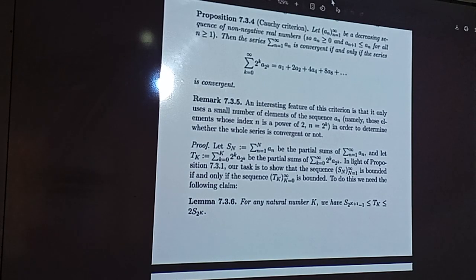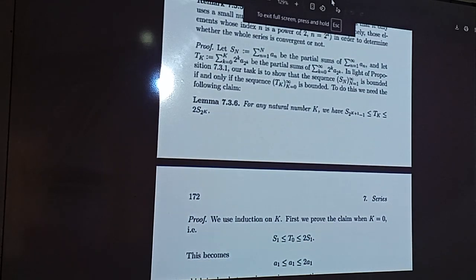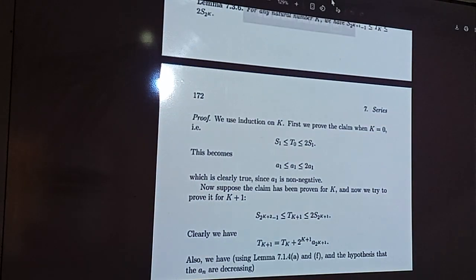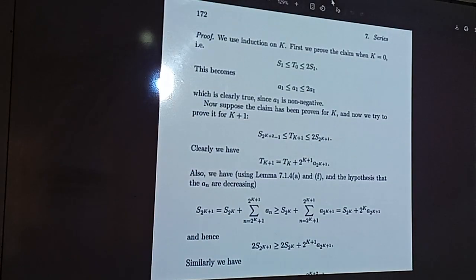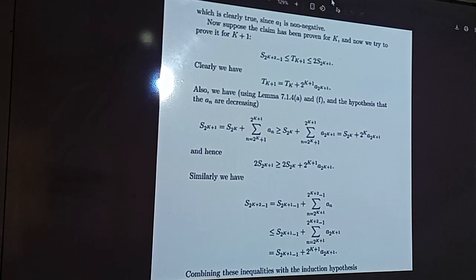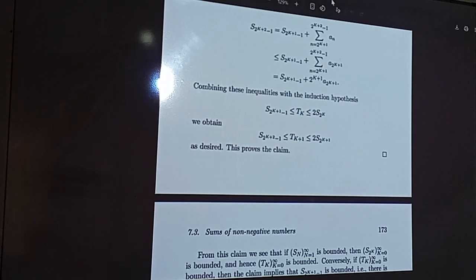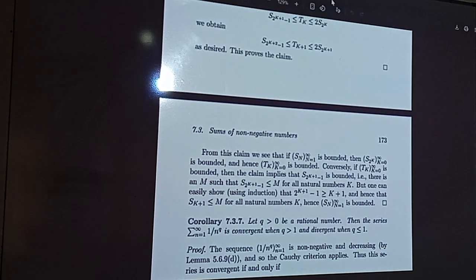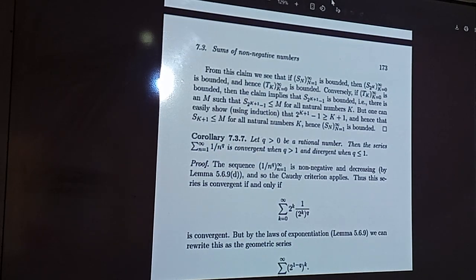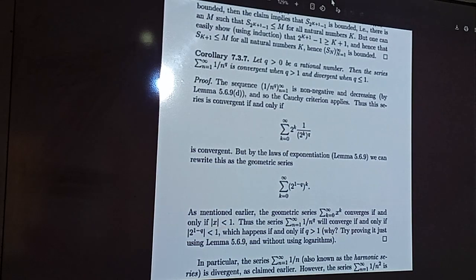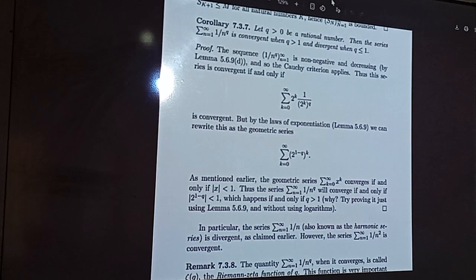Let's go to that. It says, corollary to the Cauchy condensation test.